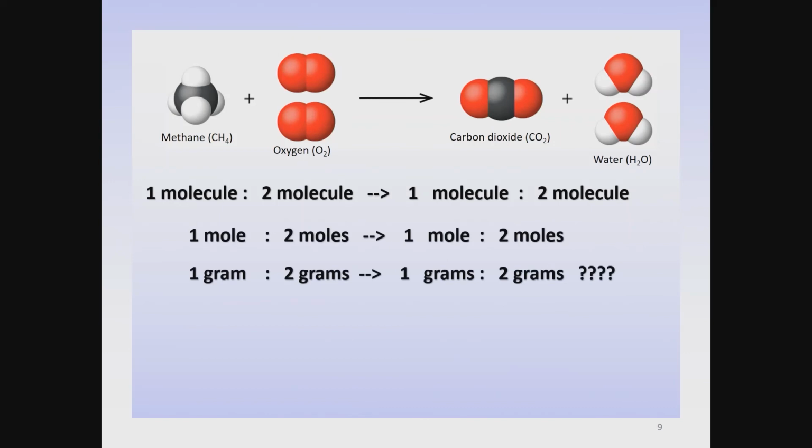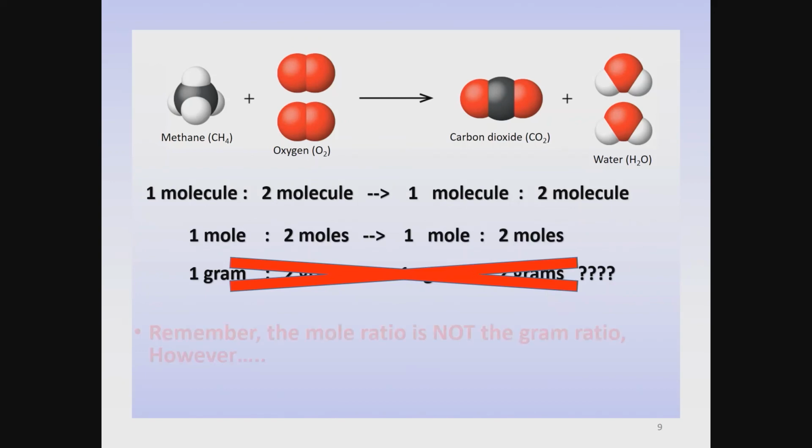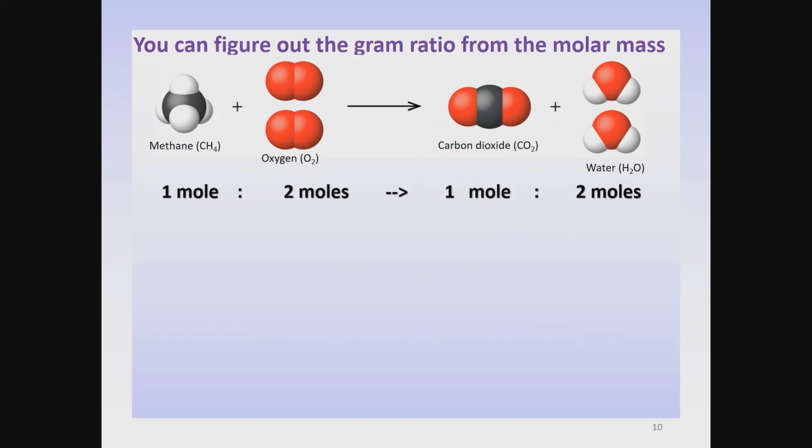So one question you can ask yourself is the following. Would it be true to say that 1 gram of methane will react with 2 grams of oxygen to produce 1 gram of carbon dioxide and 2 grams of water? And the answer is no. Those proportions are only good for molecules and moles. They will not work for grams, and that's important to know.